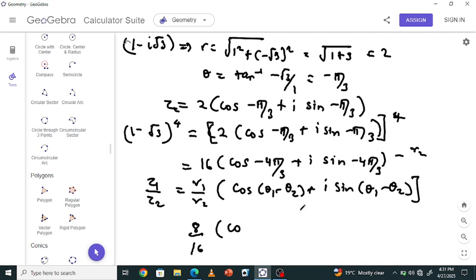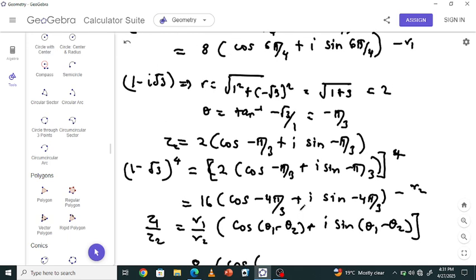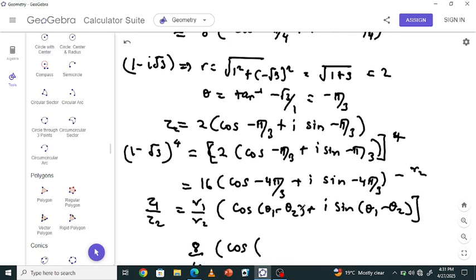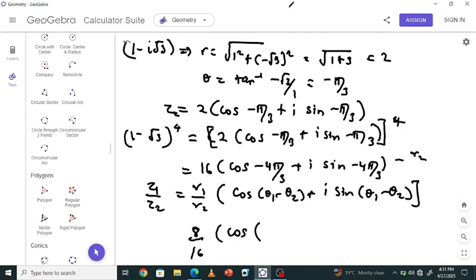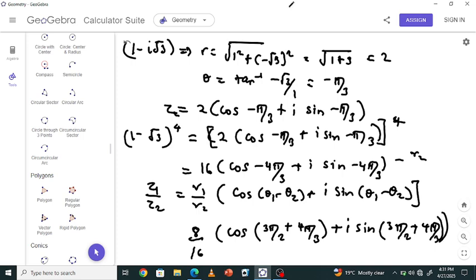Into cos. This cos 6 pi over 4 is the same as cos 3 pi over 2. We are going to have cos 3 pi over 2 minus negative 4 pi over 3, so it becomes plus 4 pi over 3, plus i sin 3 pi over 2 plus 4 pi over 3.